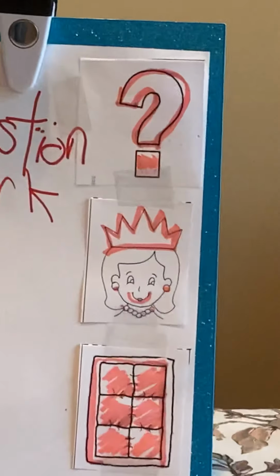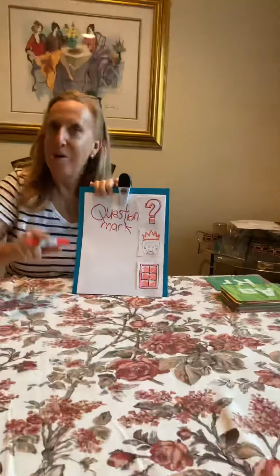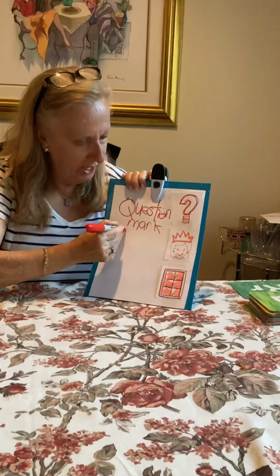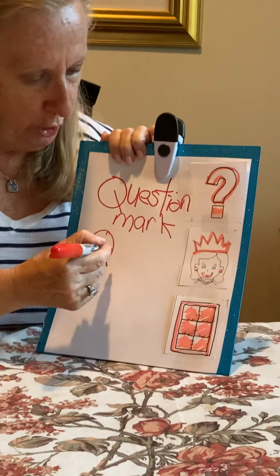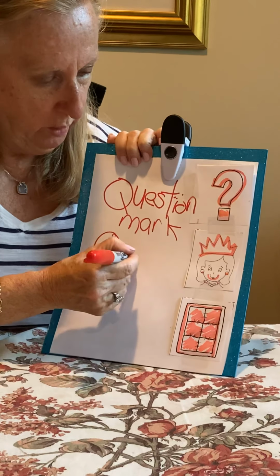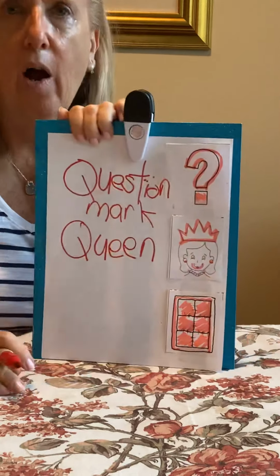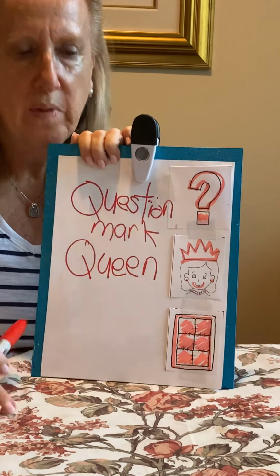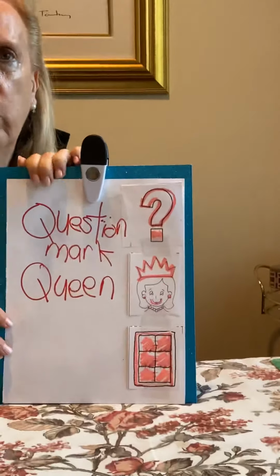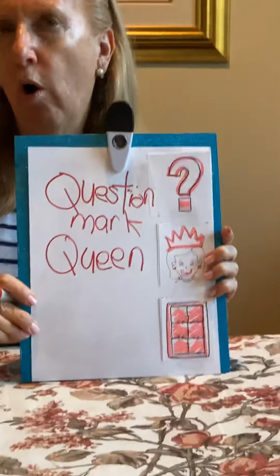You're asking a question. What do you think that picture is? You're right, a queen. Q, U, E, E, N, a queen. Now the bottom picture, that may be a little bit hard.